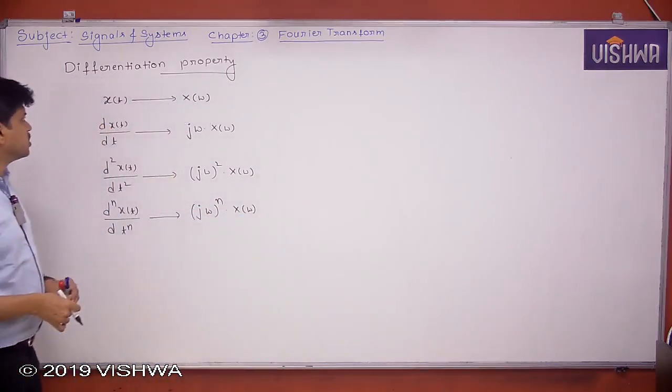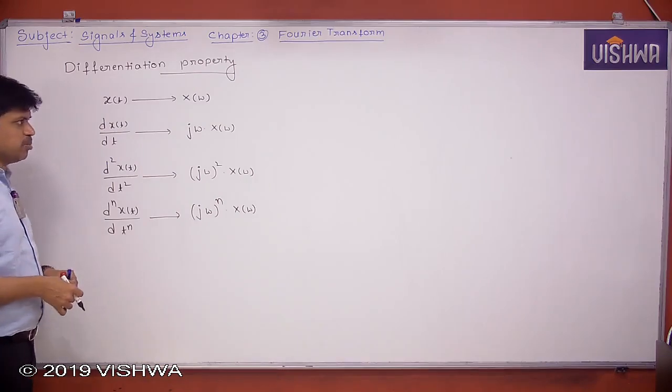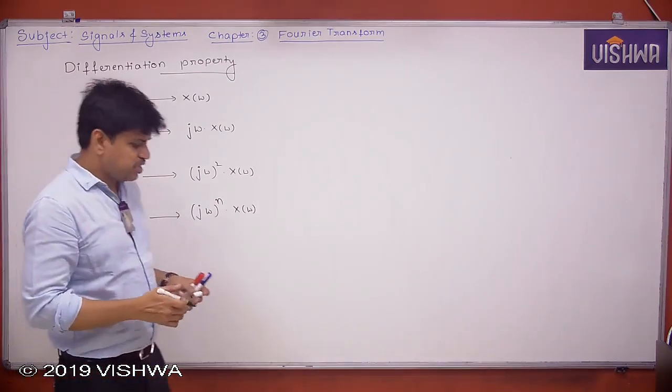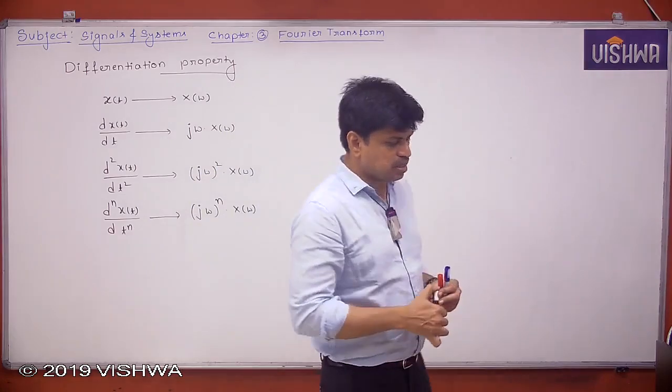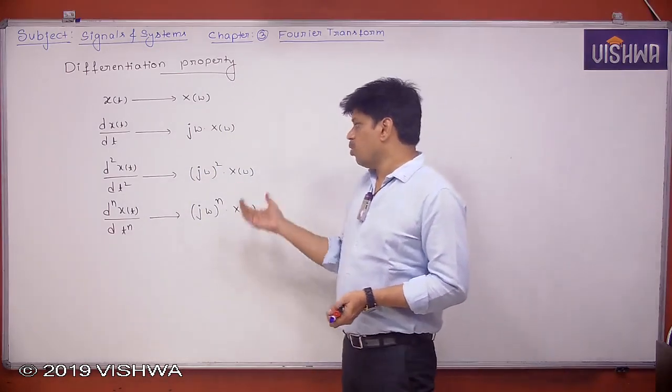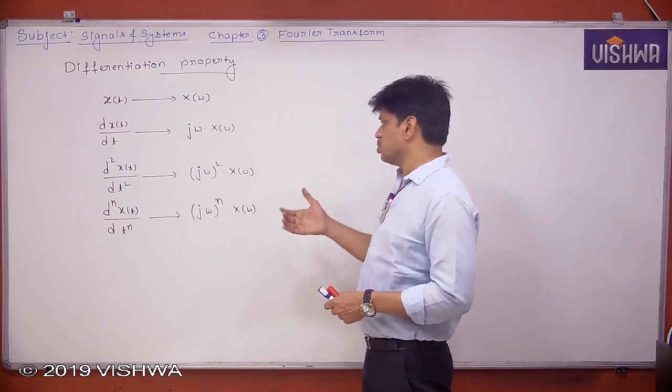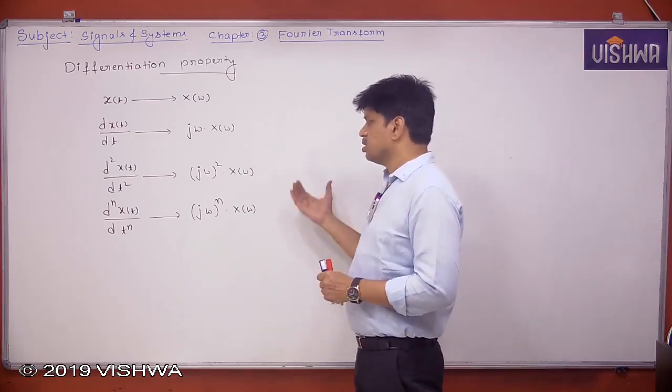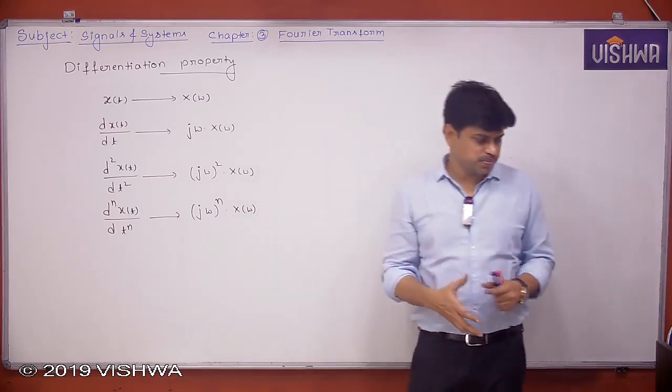Okay, so this is the way the differentiation property can be applied. Let's see how we can apply this differentiation property to calculate the Fourier transform. Let's see one signal.